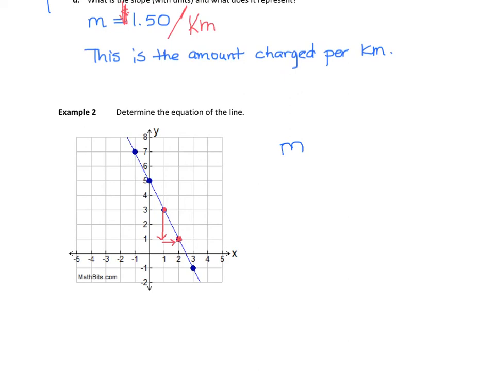So our slope is going to be -2 over 1, or just -2. And the b value in our equation is the y-intercept, which we can see from the graph is 5. So b is 5. Therefore our equation will be y equals -2x plus 5.